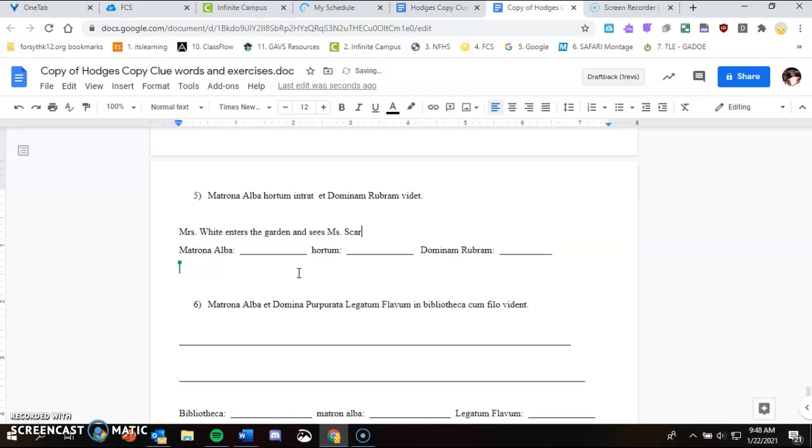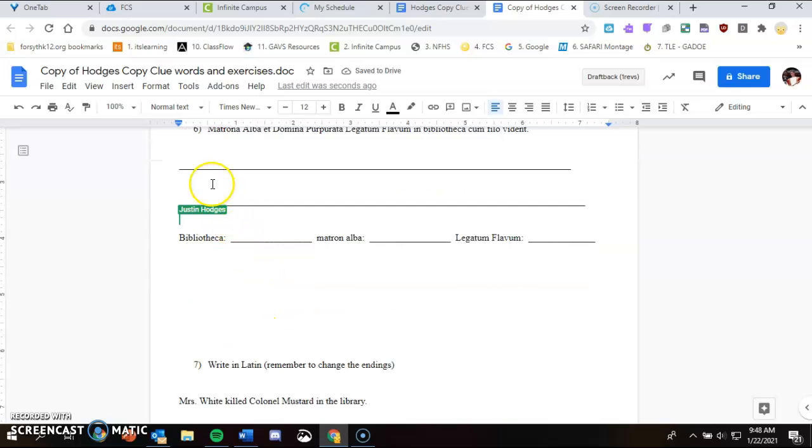Yeah, very good. And we know that Miss Scarlet is the one being seen, right? Because she is accusative. Because she ends with an AM. Matrona alba. What case is that? Nominative. What about hortum? Accusative. What about dominam rubram? Also accusative. Very nice. Cool. All right.